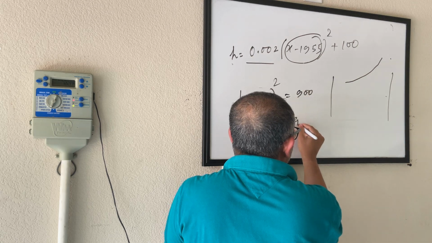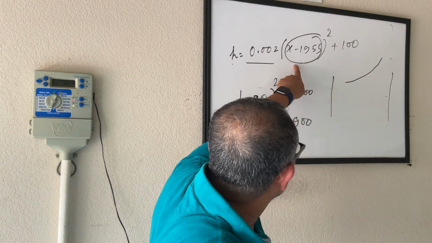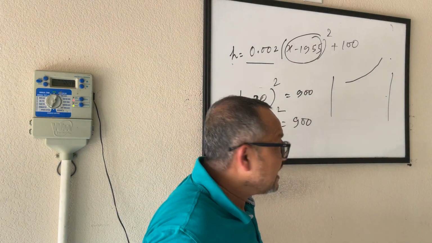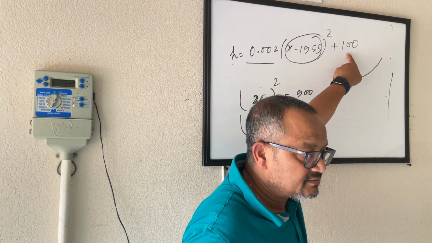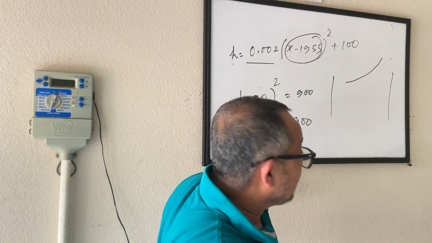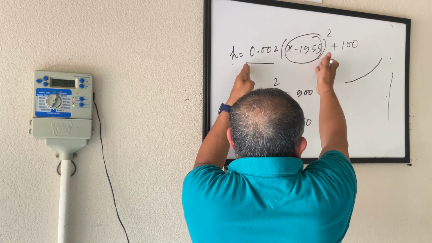So what I am trying to say is, just by reading this question, I can see that this whole value can never be negative, meaning it cannot reduce from 100. It will be 100 plus something, meaning this whole thing is going to be positive.